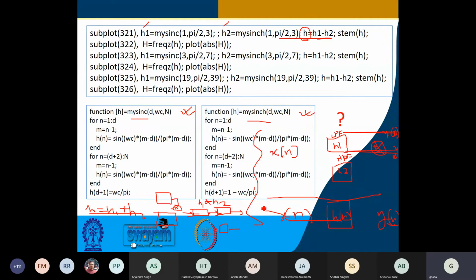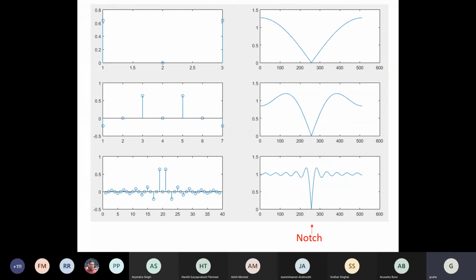So we are looking at 3, 7 and 39. We would like to continue with whatever we had done and just see the difference. This is what you will get if you do it in this manner. Do you get my point?